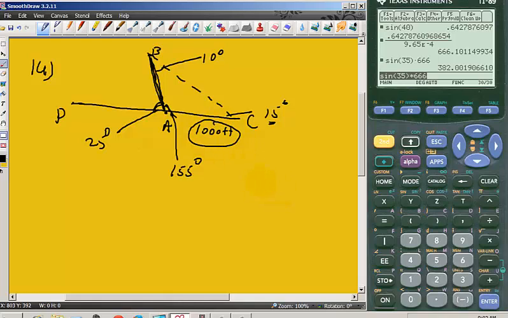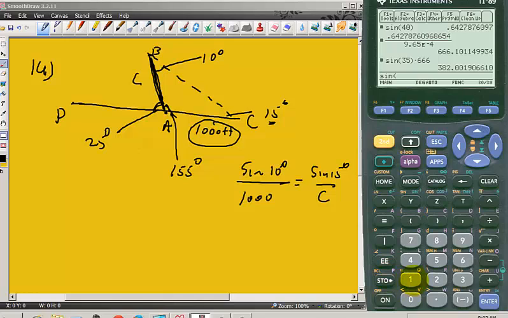We're going to use the law of sines. So sine of 10 degrees is to 1,000, and we're trying to find this distance. This is my C. So sine of 15 degrees is to side C. Let's find sine of 10 degrees, and then divide that by 1,000.